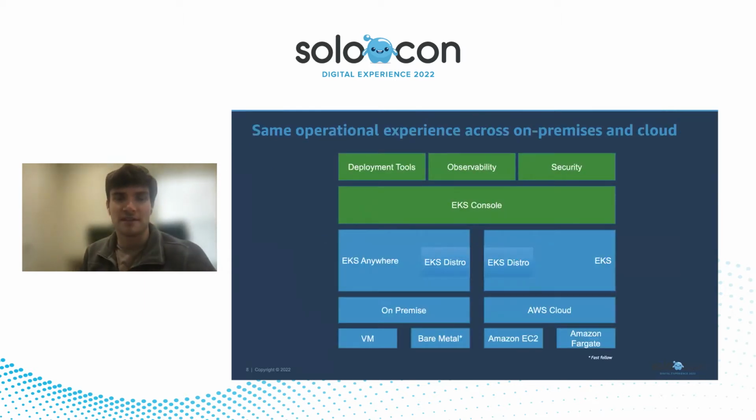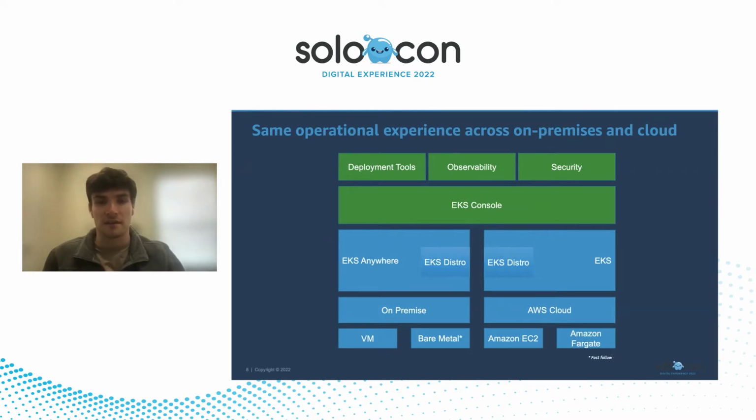We also have the same operational experience across on-premise and the cloud. So things like getting your information in your console, security, we use all the same patches, all the same observability and deployment tools work.